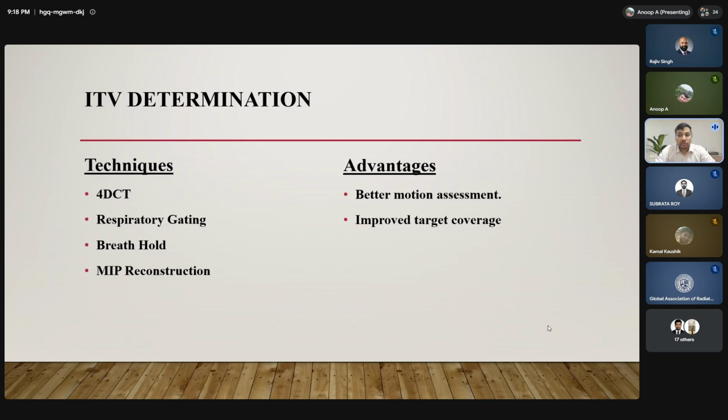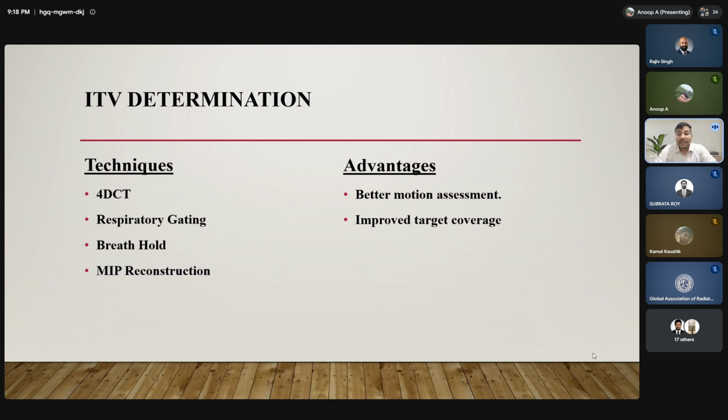It takes a series of rapid images, allowing the oncologist to see the exact path the tumor travels from the top of inhalation to the bottom of exhalation. The doctor then blends these images together to create the ITV, a safety envelope enclosing the entire path of the moving tumor.